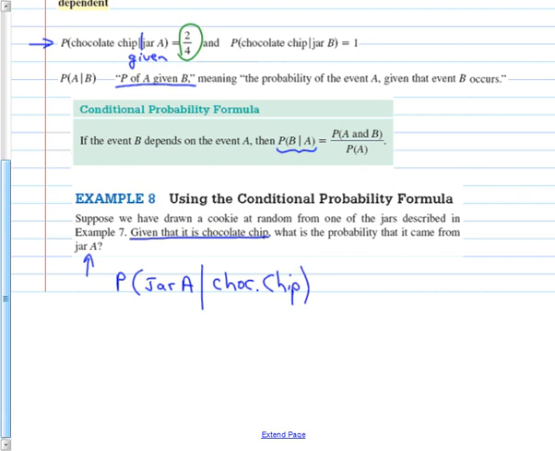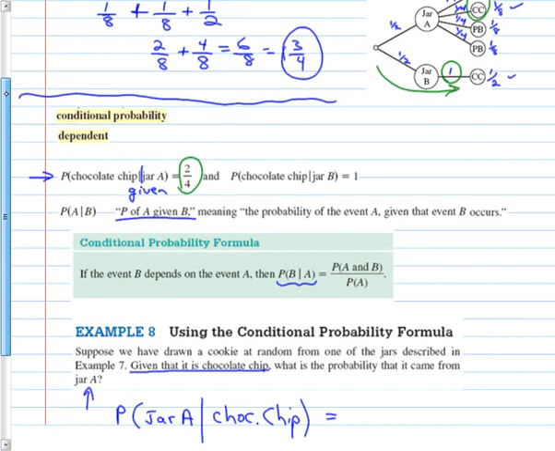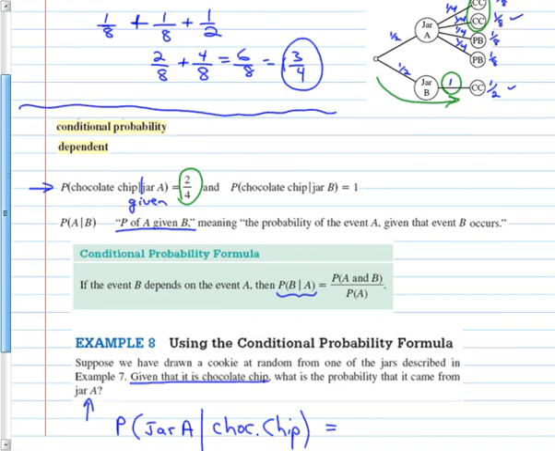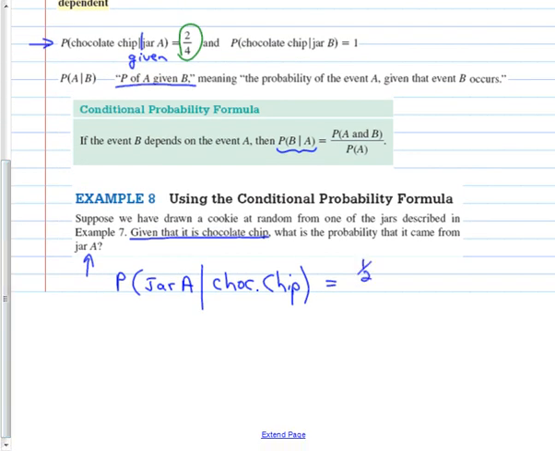Okay, so if I'm going to do this formula, then I need to do the probability of the second thing and then the first thing occurring from that second thing. So the probability of drawing a chocolate chip and it being from jar A. Well, the probability of drawing a chocolate chip is 2 out of 4 when it has come from jar A. So 2/4 or 1/2.